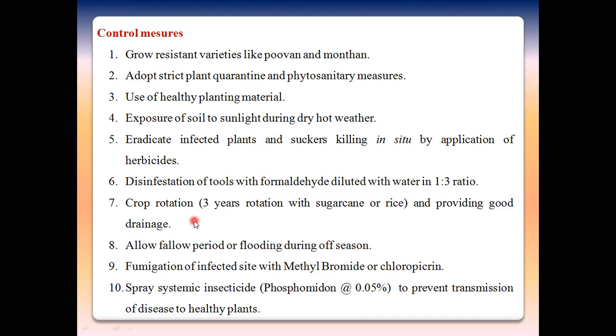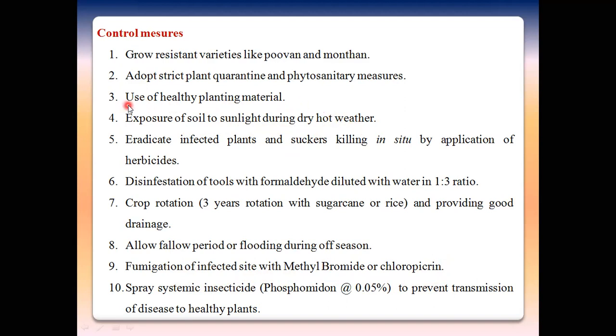Then rotate crops with sugarcane or rice for at least 3 years. Then follow periods of flooding during the off seasons. Then fumigate infected pits or sites with methyl bromide or chloropicrin. Then expose the soil to sunlight during hot dry weather.